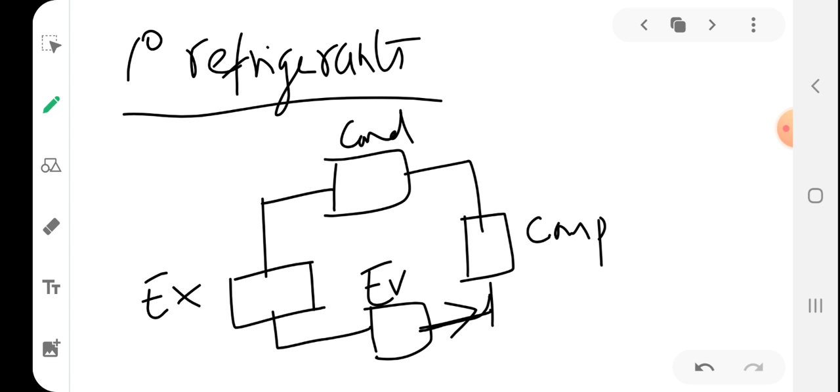So it flows directly through this refrigerating system. It undergoes a cyclic process in this refrigerating system.